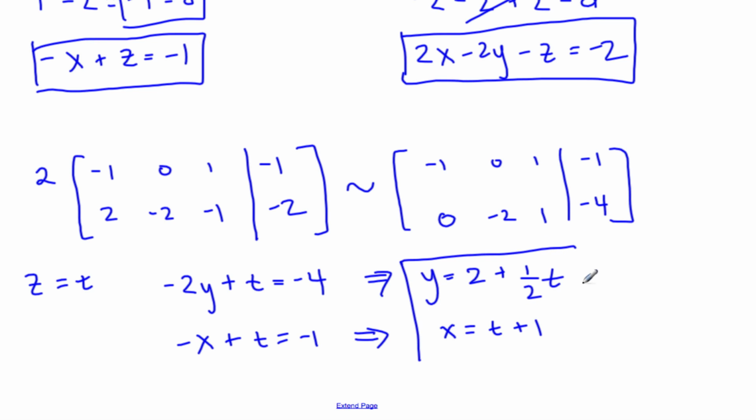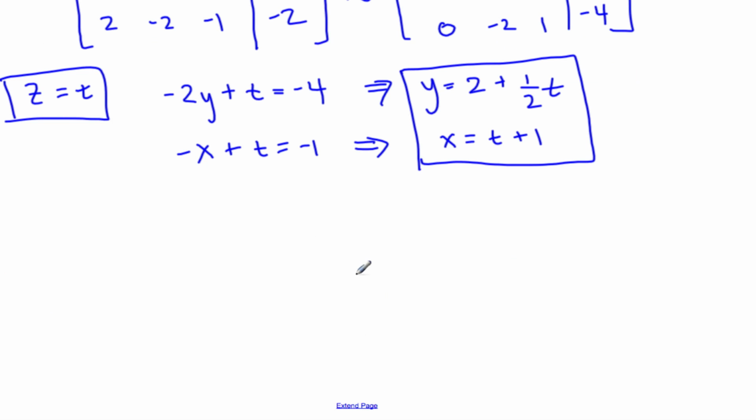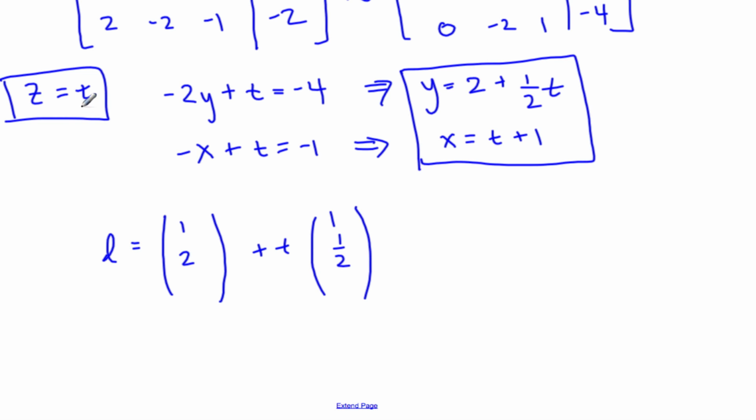So here's our x's and y's. Here's our z. Okay, so then if I put it in vector form, I get 1 plus t times 1. This will be 2 and 1/2, and this will be 0 and 1.